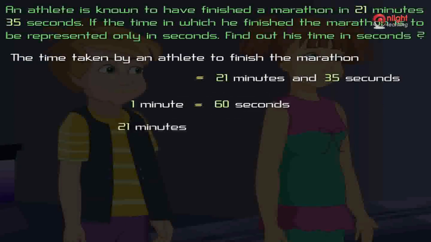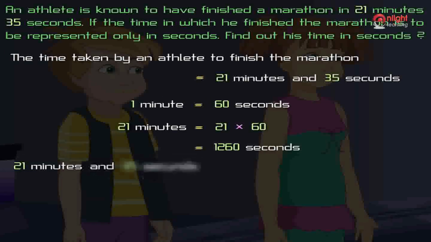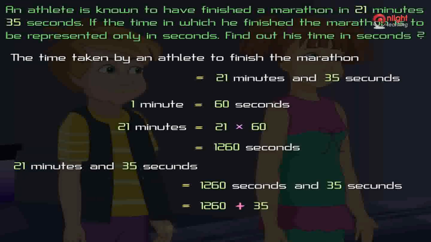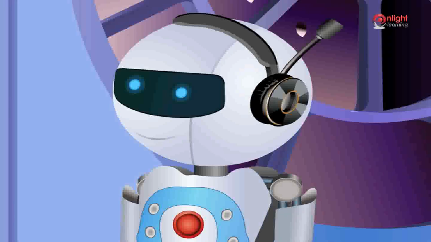Therefore, 21 minutes is equal to 21 into 60 is equal to 1260 seconds. Hence, 21 minutes and 35 seconds is equal to 1260 plus 35 is equal to 1295 seconds.